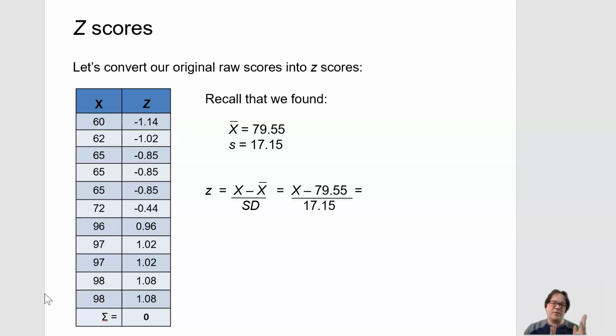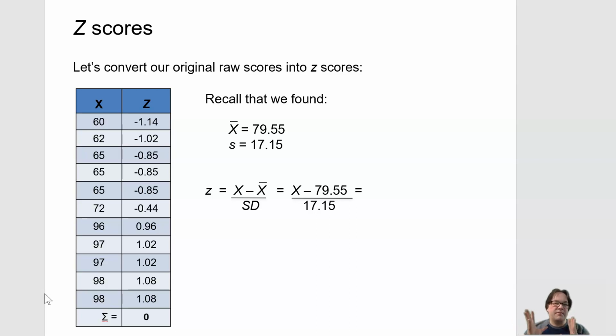We're kind of running into the same issue that we ran into when we were trying to add up those deviation scores when we were trying to calculate standard deviation. We couldn't just add up those deviation scores because we got 0 when we added them. We had to square them.